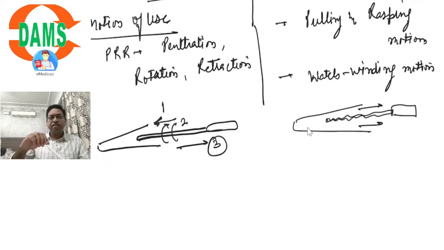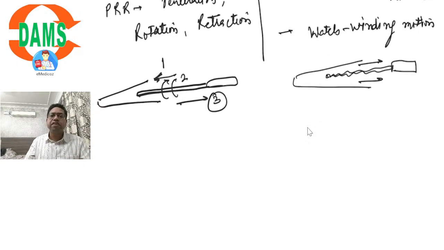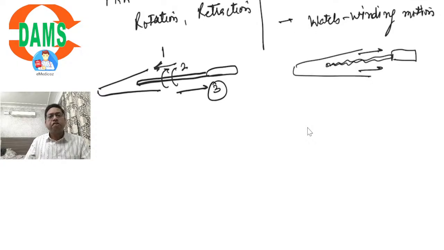Watch winding is simply a little clockwise, counterclockwise turn. These are the two principal motions. So these are the fundamental differences between your K-type instruments. And what standardization do they follow? They follow the same ISO standardization with respect to the size, length, tip angle, color coding, taper, etc. that we have discussed previously.